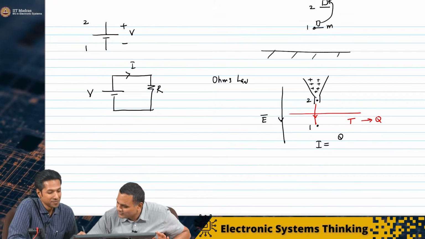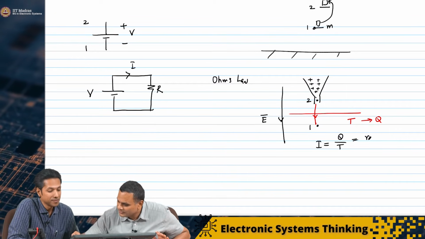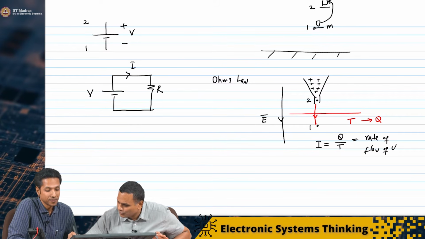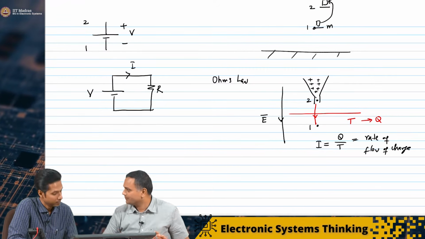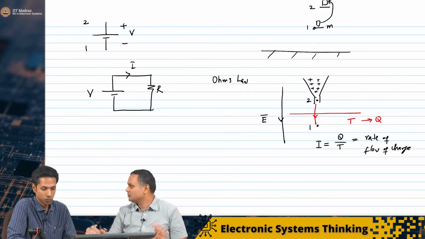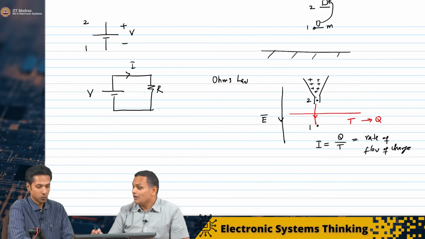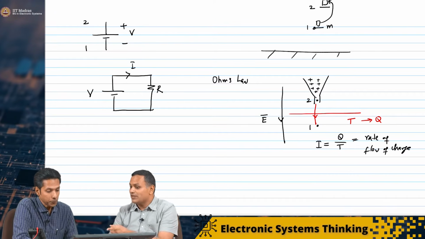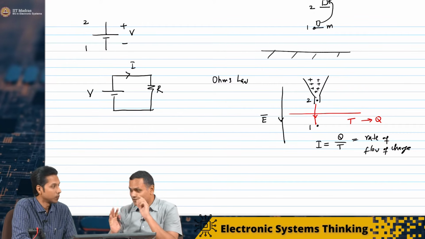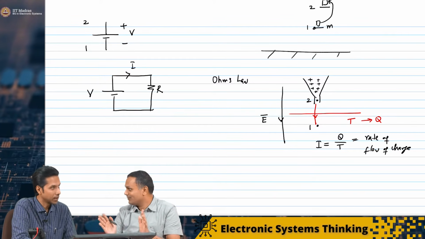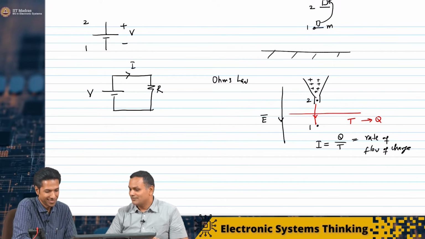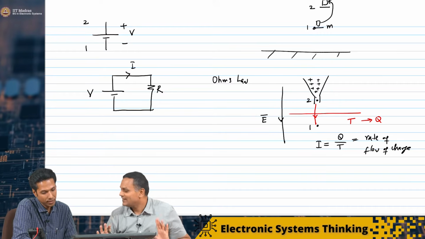So this is q by t, this is the rate of flow of charge. In fact, the simplest definition of current is rate of flow of charge. You can see the first situation we looked at was fixed charge, an electrostatic case. No moving charges. Now suddenly charges have started moving.